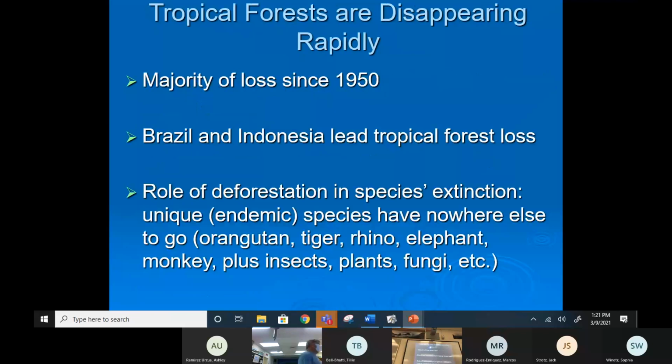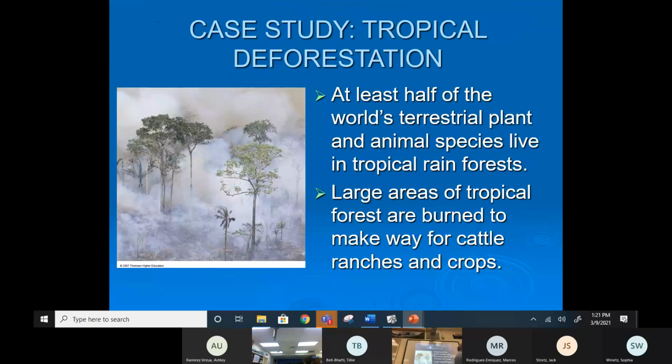And I'll just go back to tropical forests for a second to point out this agricultural method called slash and burn. So what they do if they want to raise cattle or crops in the tropical forest is they cut down the forest and they burn everything.